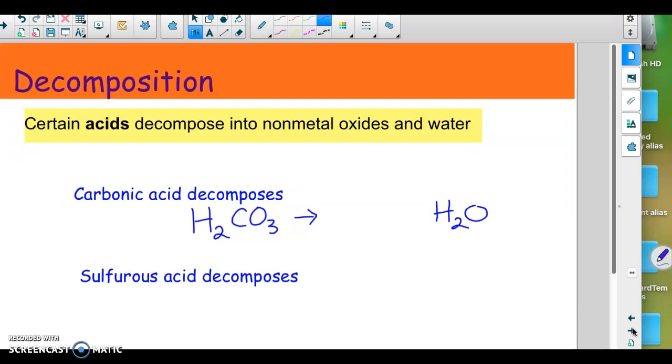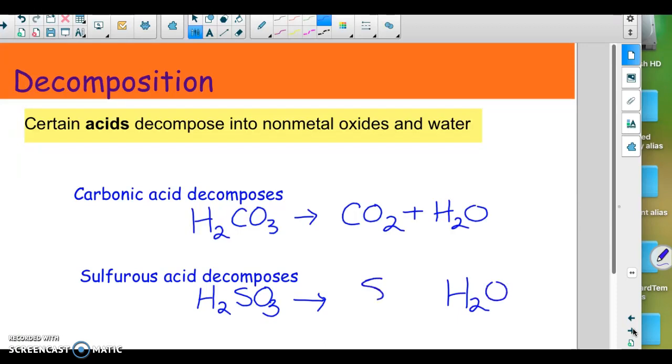And then the nonmetal oxide would be carbon dioxide. Another one, sulfurous acid. This came from sulfite. So sulfite is SO3, it's -2. We would get water. And in this case, we would get sulfur dioxide.